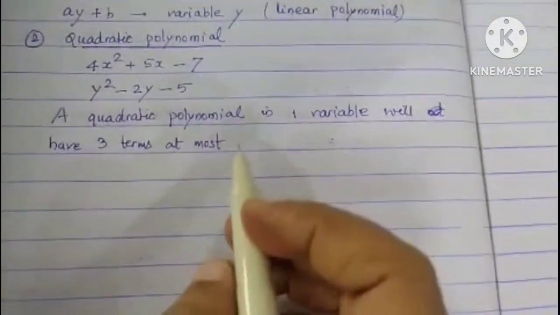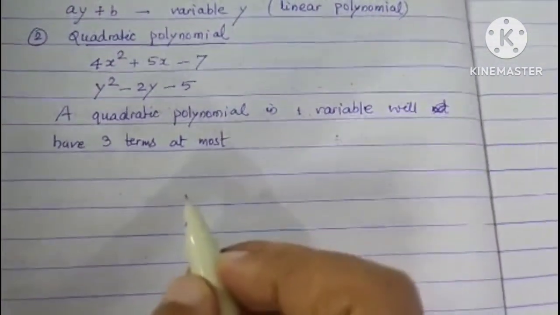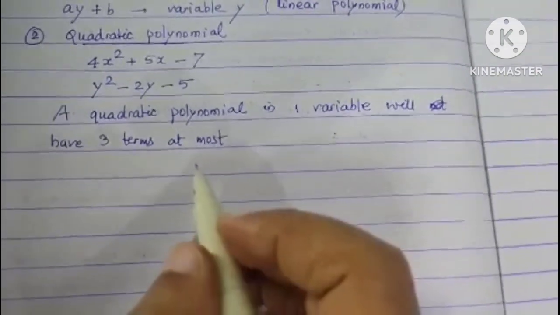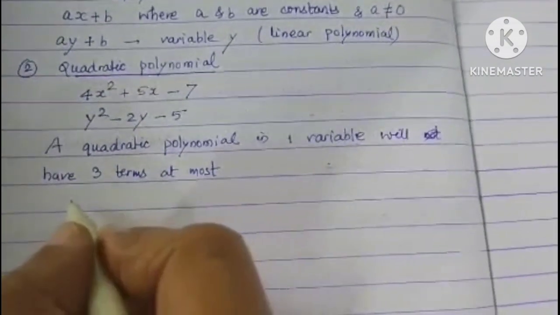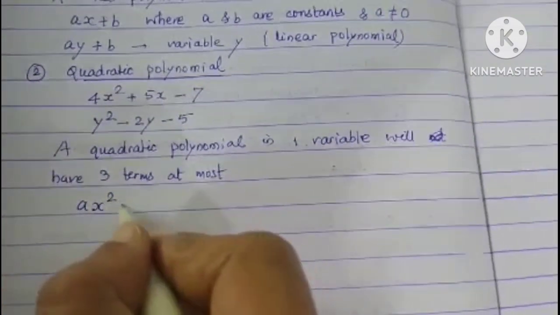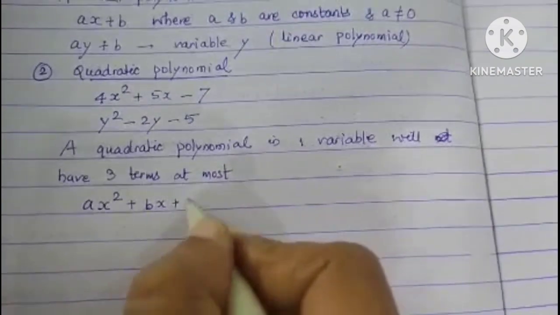It will have maximum number of terms as 3. And the general form, what will be the general form? General form will be like this: ax square plus bx plus c.